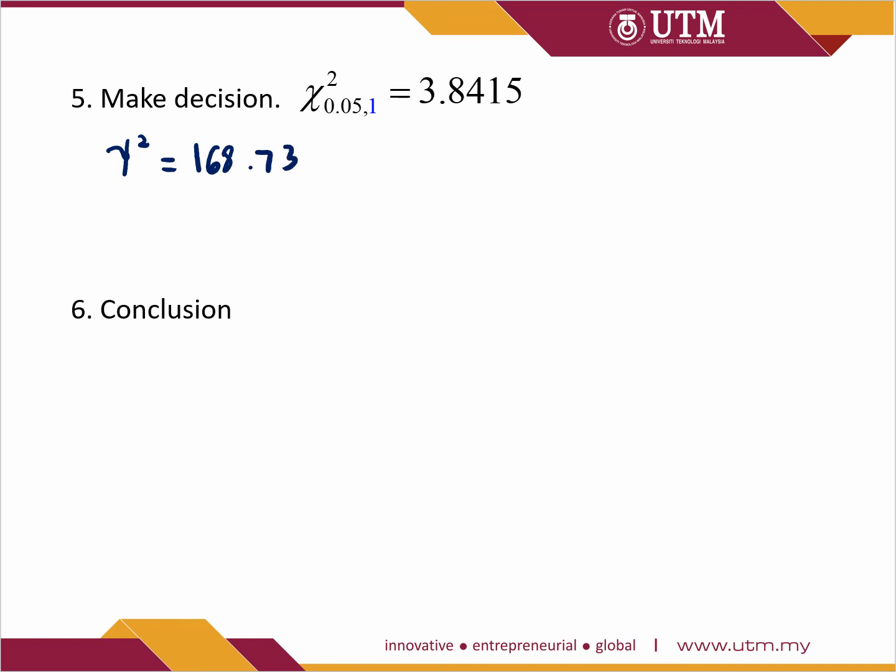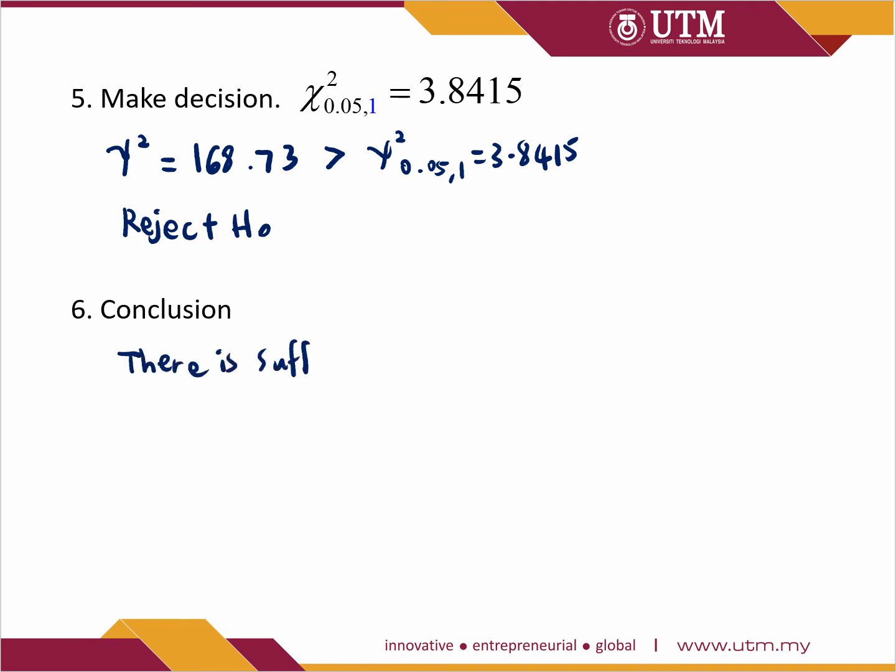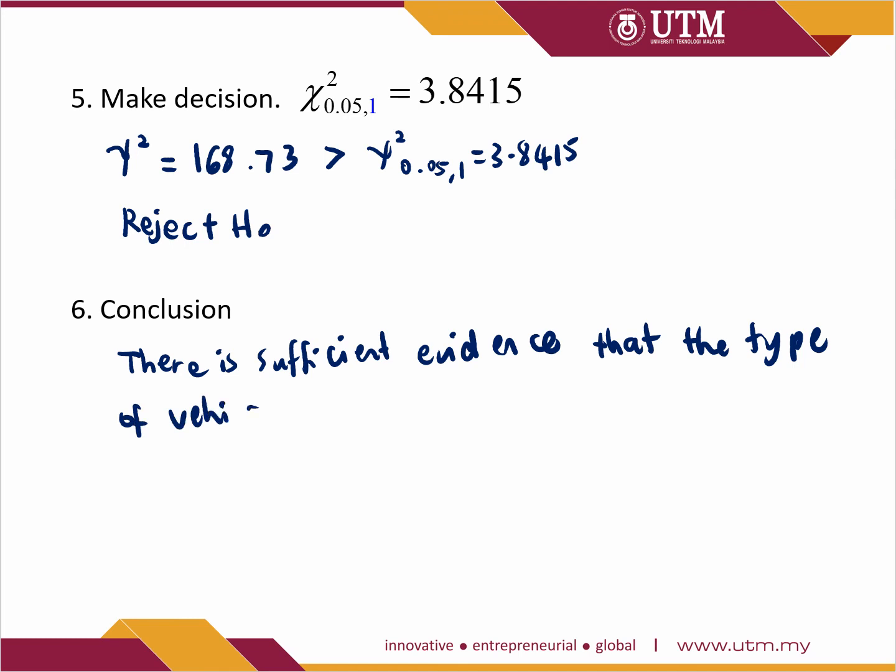Since our chi-square is greater than the critical value of 3.8415, we reject H0, which means that there is sufficient evidence that the type of vehicles and the injuries are dependent.